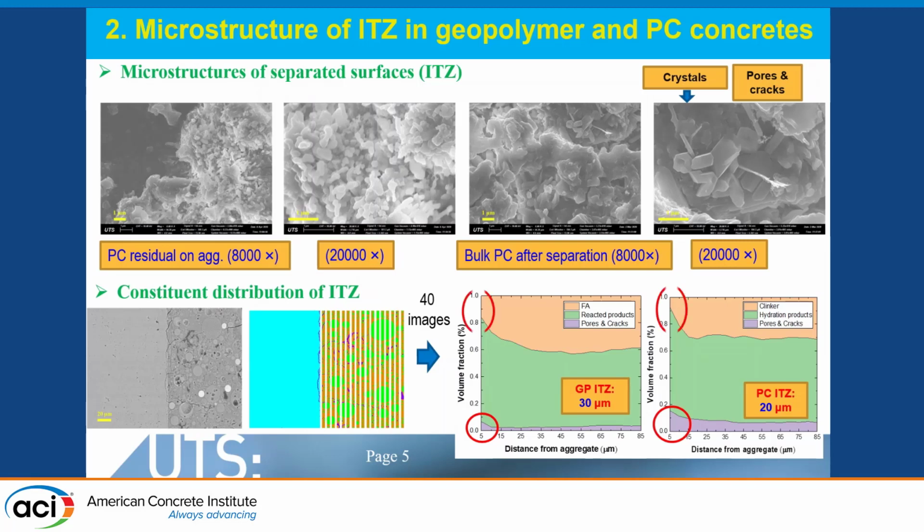Because of the wall effect, usually at the interface the solidity is less compared to the bulk material. For Portland cement it is even less, and for the geopolymer relatively more. So that gives you an idea that the geopolymer has better bond with the aggregate.